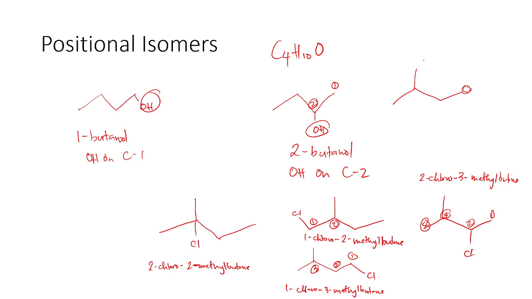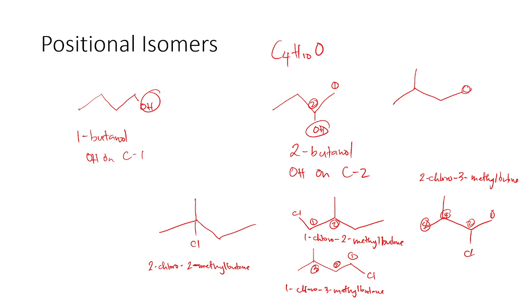So, in that, we have four isomers of chloromethylbutane, or our chloroisopentane. So ayun yung pwede nating tingnan when we talk about positional isomers. For positional isomers, the position of the functional group changes. Okay?